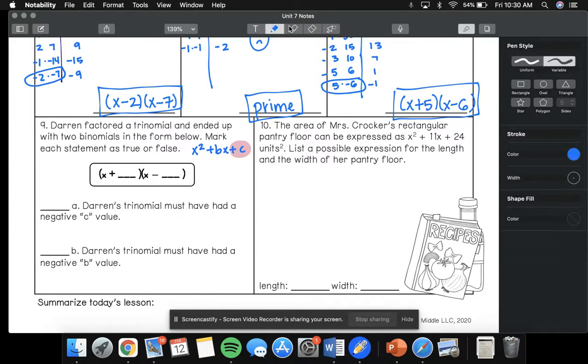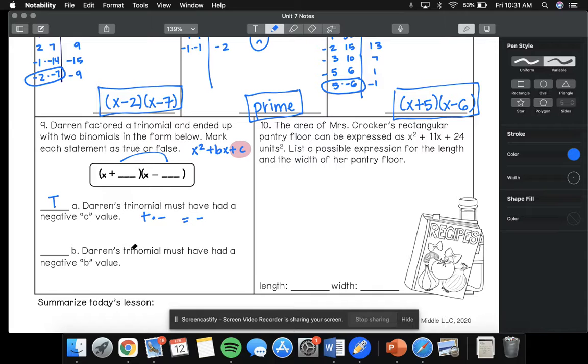Does it have to be a negative? If I were to simplify this, I would multiply and multiply, and at the very end, I would multiply a positive times a negative. So this seems to always be true, because a positive times a negative at the very last step will always equal a negative.